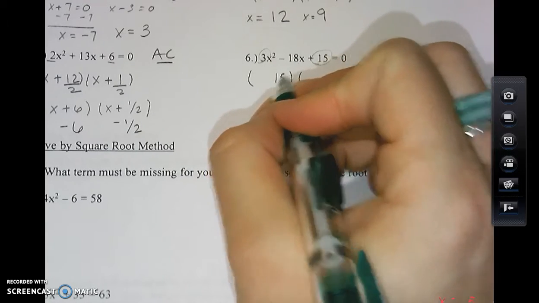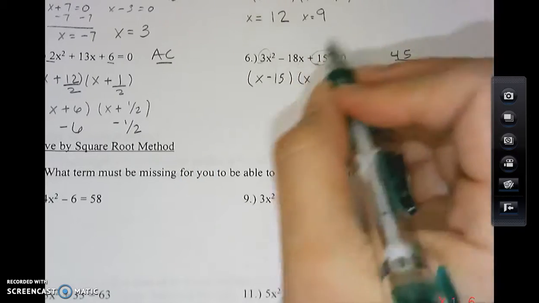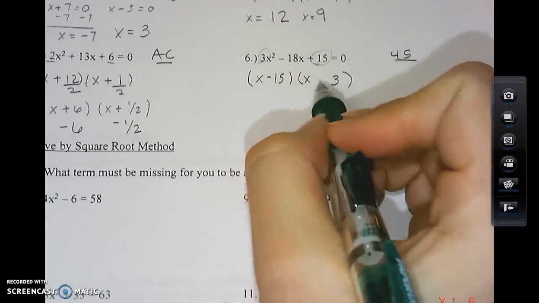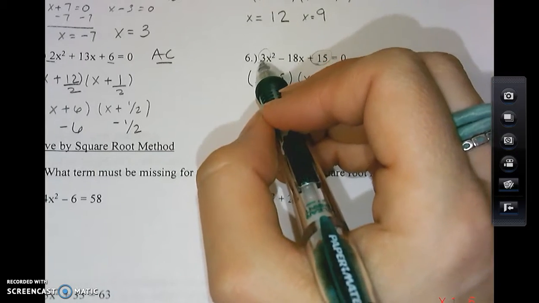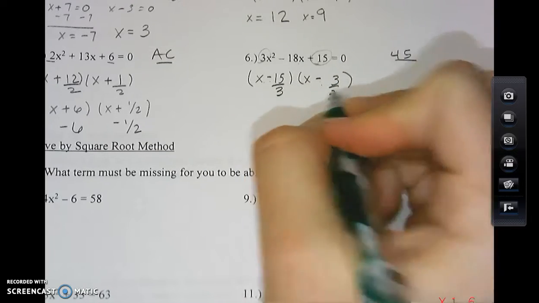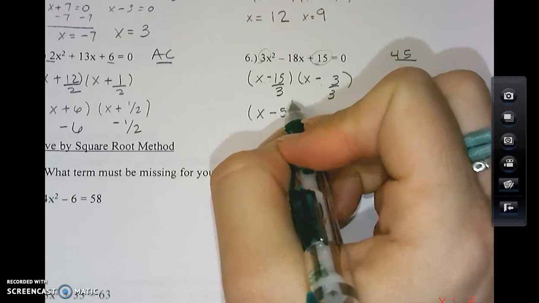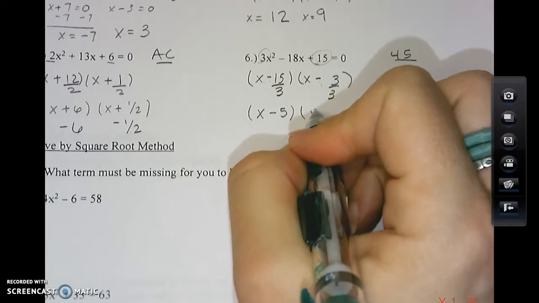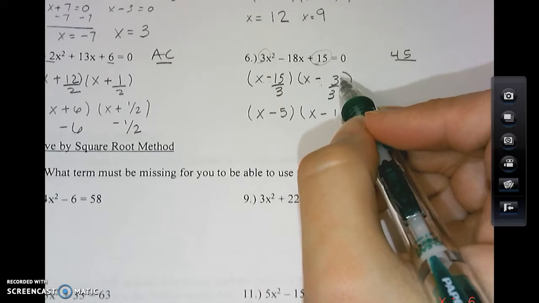The bigger one goes first. Bring down our x and our x. This is a minus. This is plus, which means these have to match, so that would be minus. Now that we've used our a and our c, we're going to take it back out. So divide by 3, and I get x minus 5 and x minus 1. But wait a minute, that didn't really work out, did it?